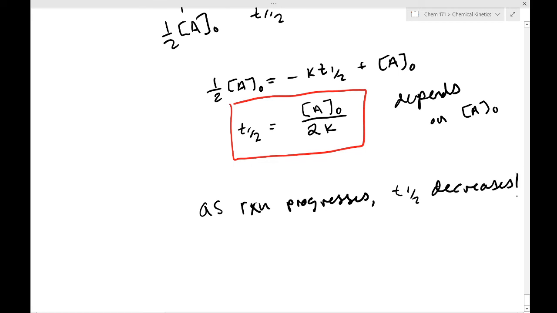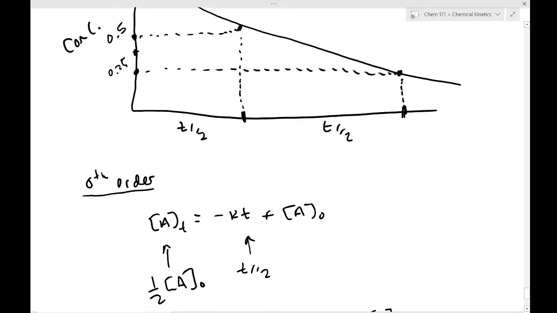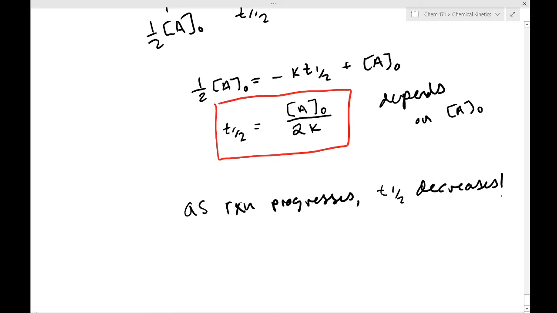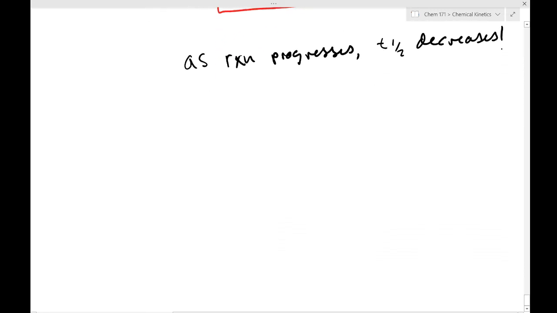So the half-life decreases as the reaction goes forward, which is different than the second order, where the half-life increases as the reaction progresses. So in the case of zeroth order, the half-life gets shorter and shorter. Let's draw this out on a graph.